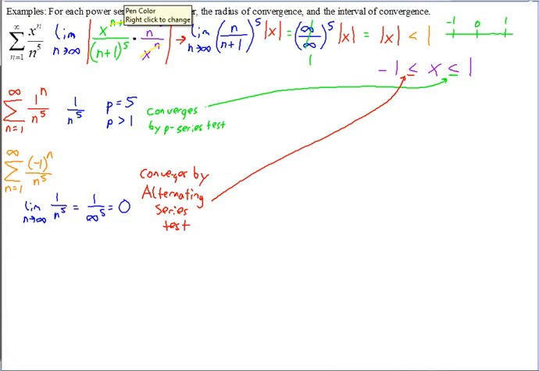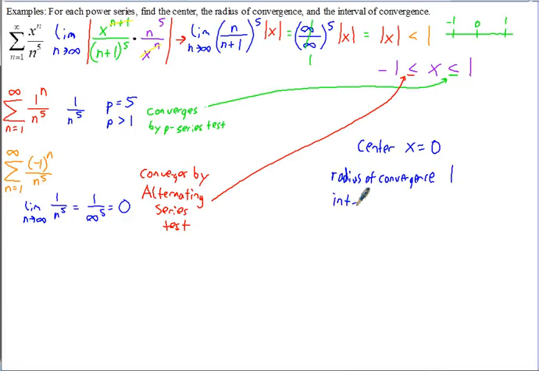So when we write down our final answer, we can see the center on this one will be right in the middle of those, so it would be x equals 0. Let's see, there's nothing with the x there. The radius of convergence, let's see, from the center it goes 1 each direction, so the radius of convergence would be 1.